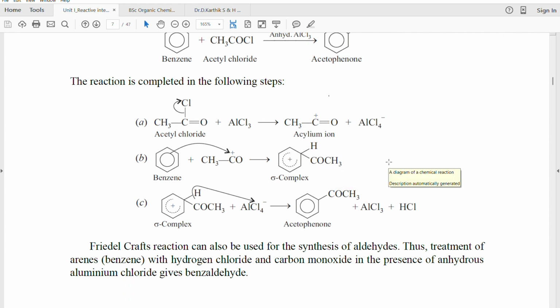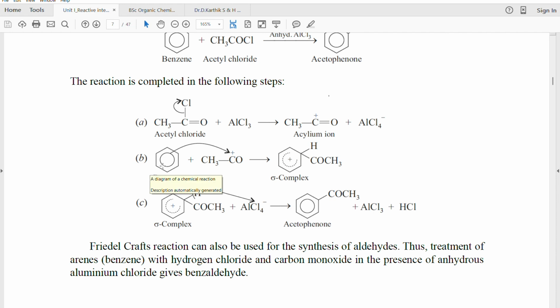If we had a blackboard, then I would have written the mechanism. So please carefully see the steps. These involve three steps. Step 1, formation of the carbocation or acylium ion. In this case we say acylium ion only for the Friedel-Crafts acylation reaction.